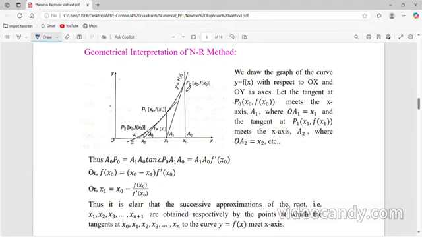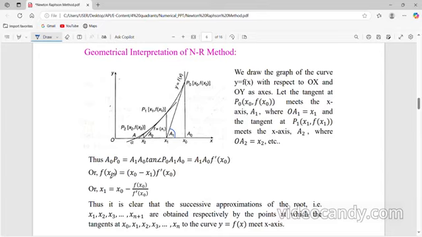P0 meets the x-axis at A1, where OA1 equals x1, and the tangent at P2 (x2, f(x2)) meets the x-axis at A2, where OA2 equals x2, etc. Thus A0P0 equals A1A0 into tan of angle P0A1A0, which equals A1A0 into f dash x0.